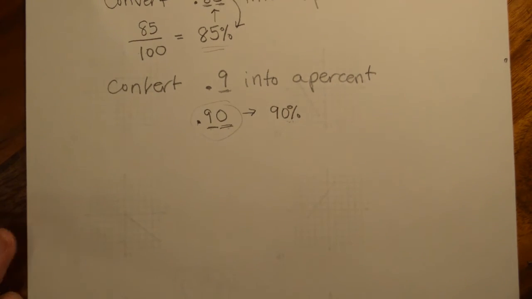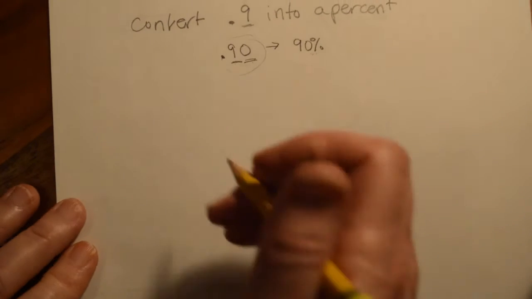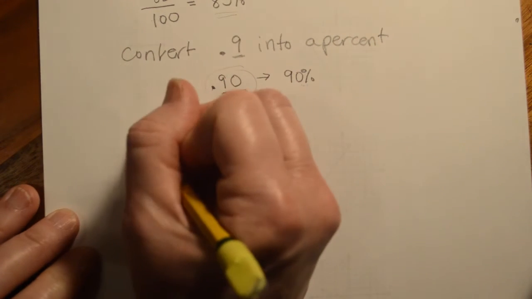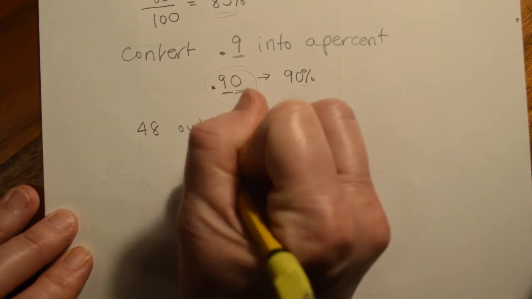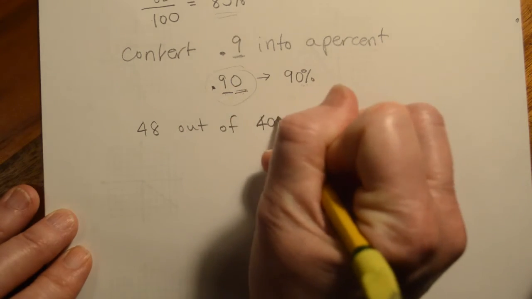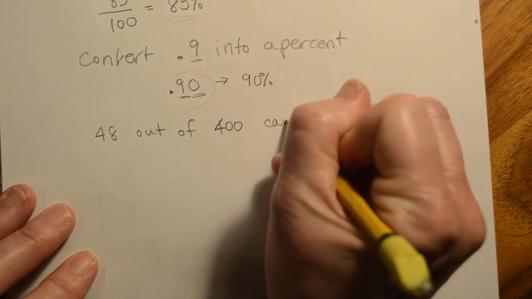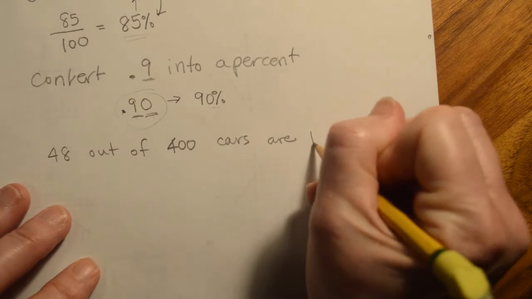All right, let me just double check to see, am I missing any other types? Oh, they might give you an amount that's not 100. So let's say 48 out of 400 cars are purple.